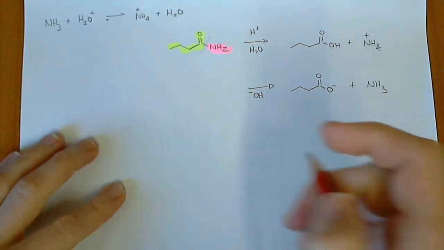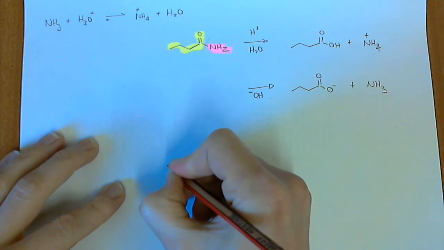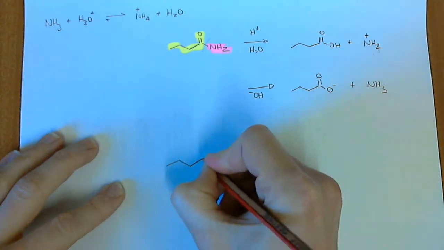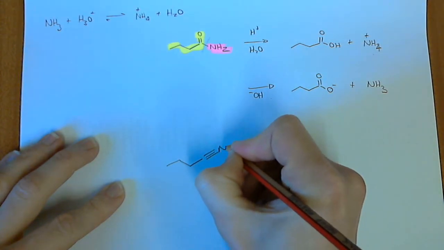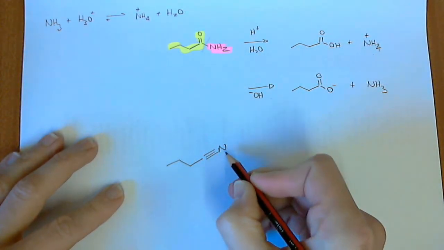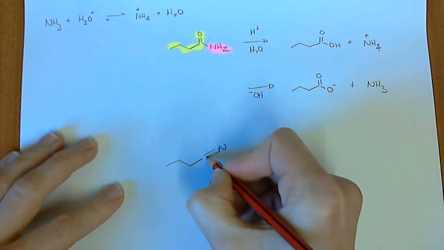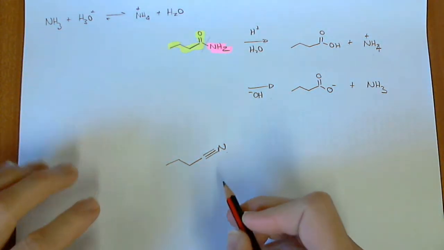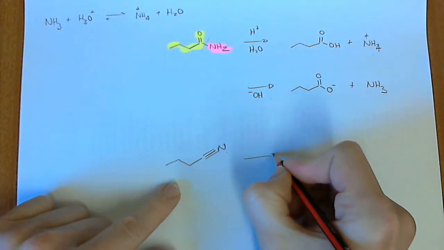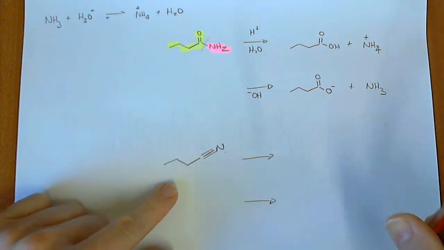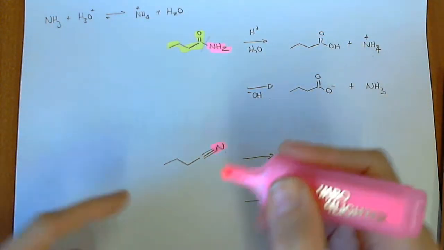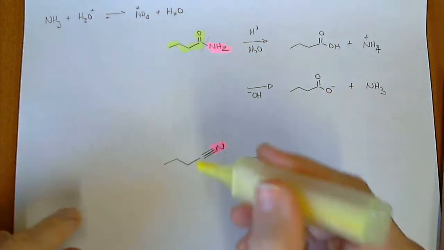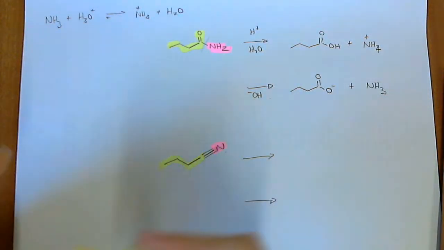And then lastly, we had butane nitrile, which is carbon to a nitrogen with 1, 2, 3 bonds. We have the same thing where we can go acid and base. Again, the hydrolysis is occurring with the nitrogen and the four carbons going over there.